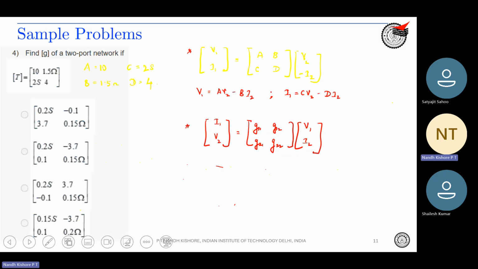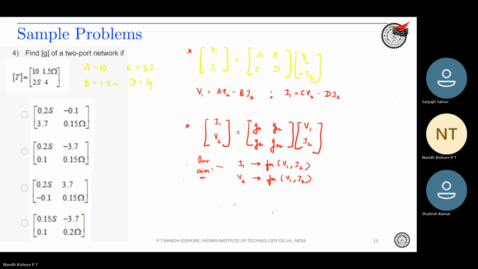Okay, so now we have to get a relation for I1 in terms of V1 and I2, right? And we also have to get V2 as a function of V1 and I2. If you are able to get this, you get the answer, correct? So this is the aim.